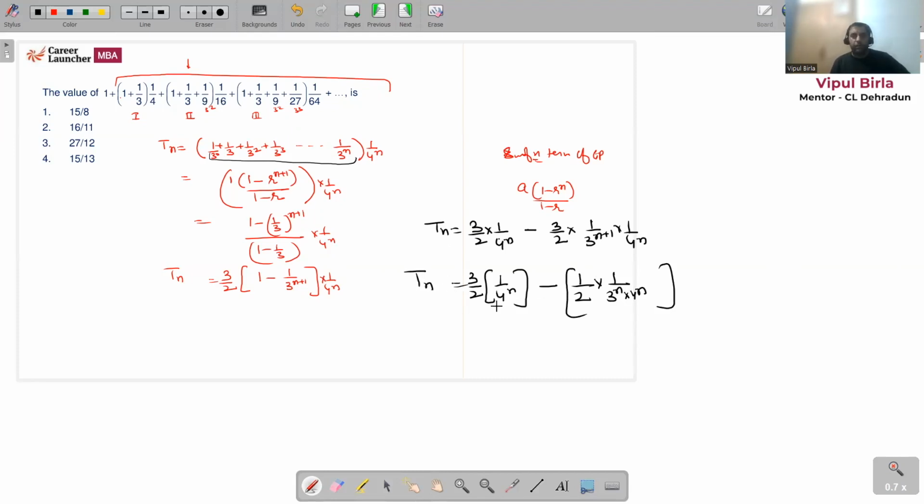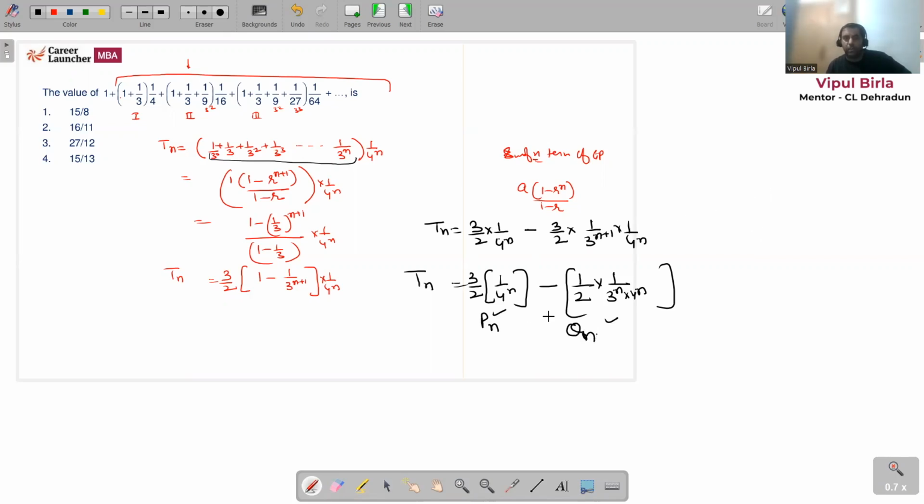Now if I look at the first, that's an infinite progression with common ratio 1 by 4, and the second is an infinite progression with common ratio 1 by 12. So solving these two separately, let's say this is Pn and this is Qn.